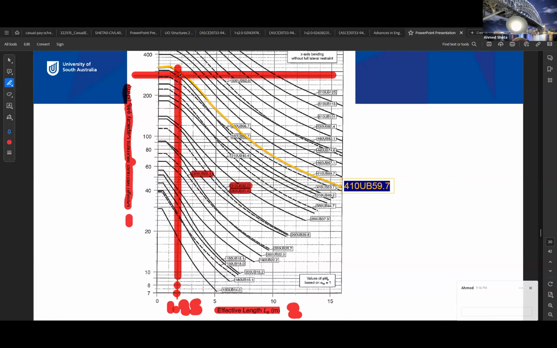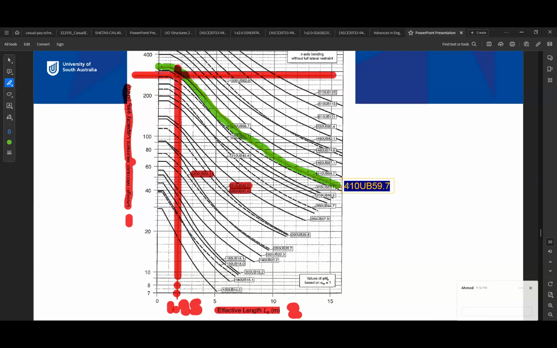They intersect at this point. This point is close to which curve? This one. So it will be intersecting at this curve. So this curve is representing.